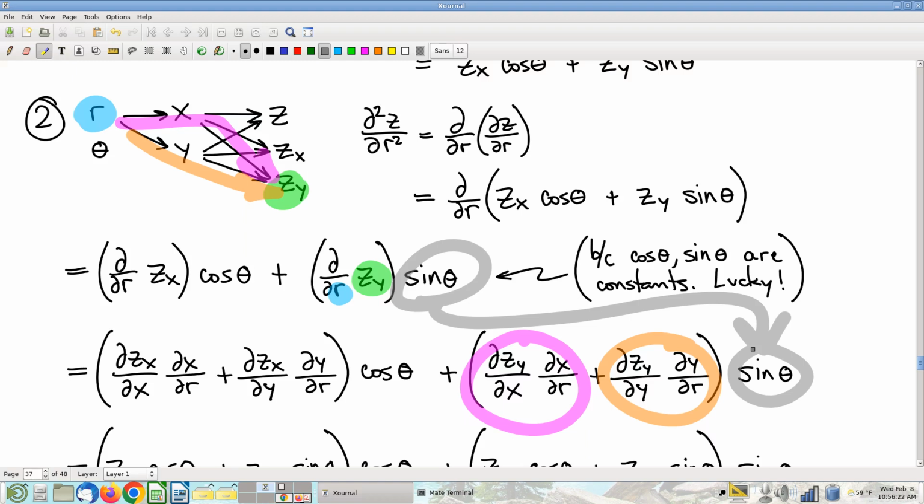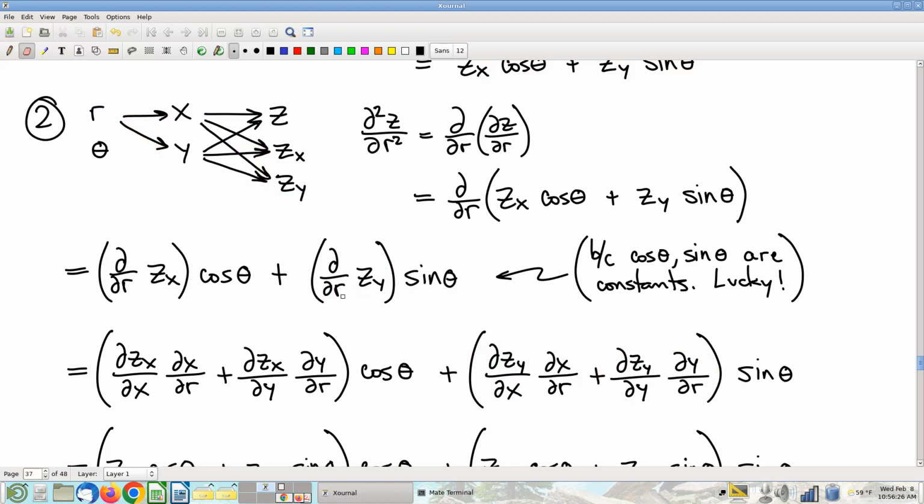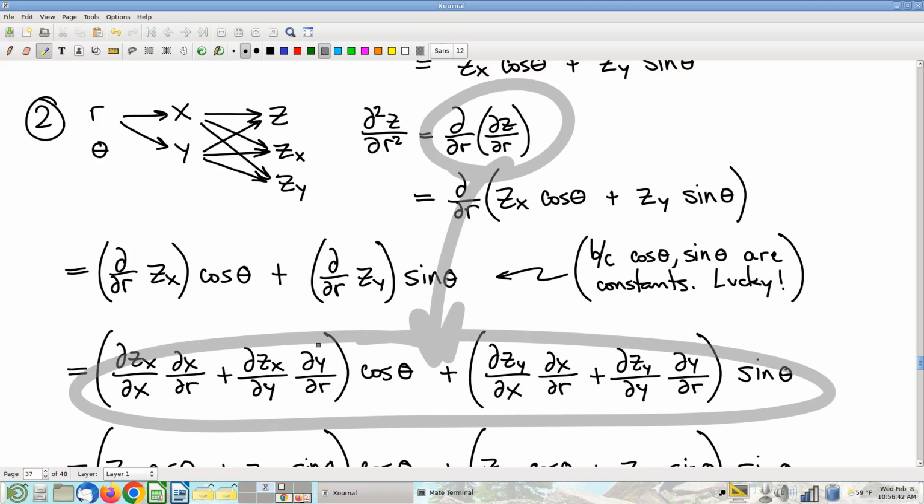Now, I do want to call your attention to one thing. This is a good rule to try to follow when you're doing this kind of thing. Notice I did this nice and slow, right? Don't try to rush through this. A lot of students will try to go kind of straight from here down to here and just keep track of all that in your head. You're going to get confused.